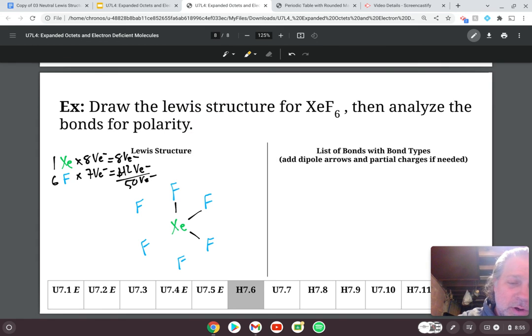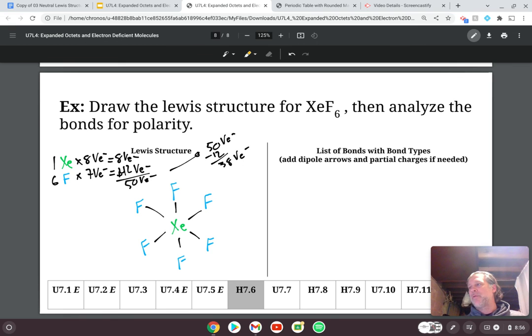That's 2, 4, 6, 8, 10, 12. Okay, so 50 valence electrons minus 12, that's 38 valence electrons we still have to find a home for. So I'm going to start adding electrons.